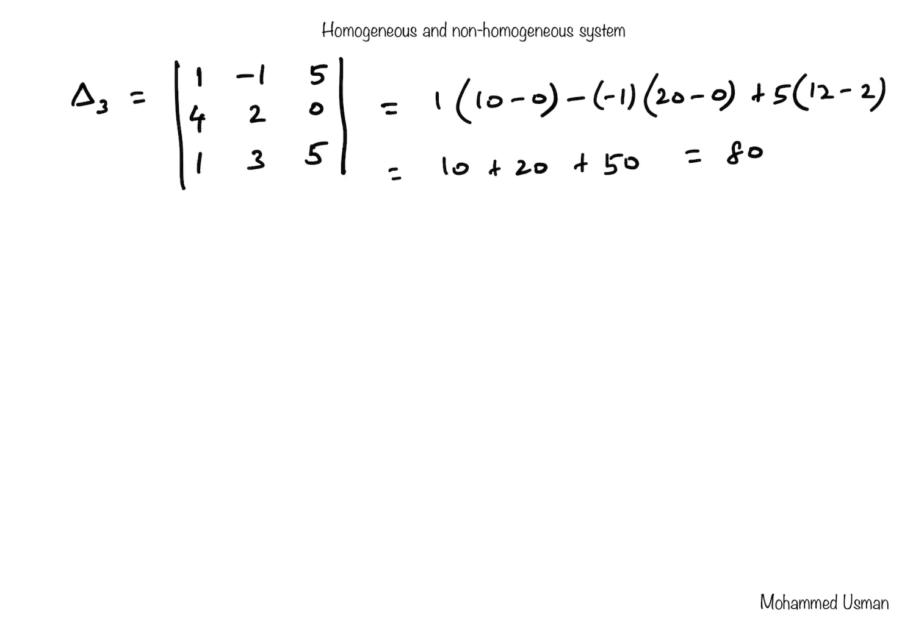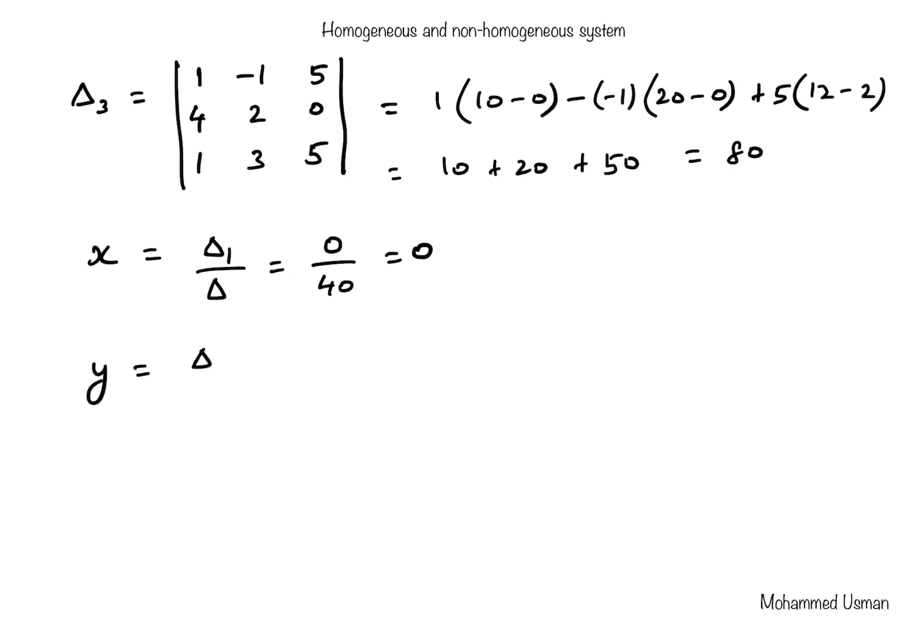And from these three values of deltas and the determinant value of the original matrix, we can now calculate the values of the variables x, y, and z. So x will be delta 1 by delta, which is 0 by 40, which is equal to 0.